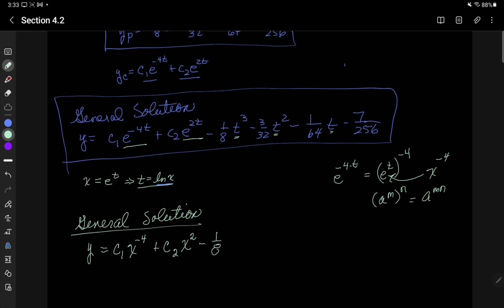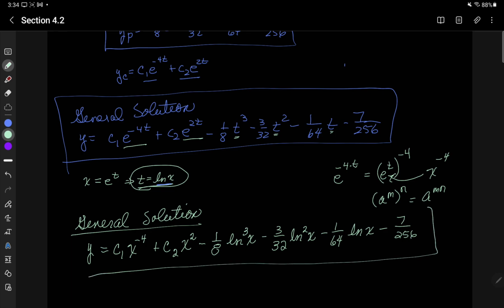And each of these t's, I'm going to replace with natural log of x. So t to the third is going to be natural log of x to the third, or natural log cubed of x. Then minus 3 over 32 t squared, that's going to be natural log squared x minus 1 over 64 natural log of x minus 7 over 256.